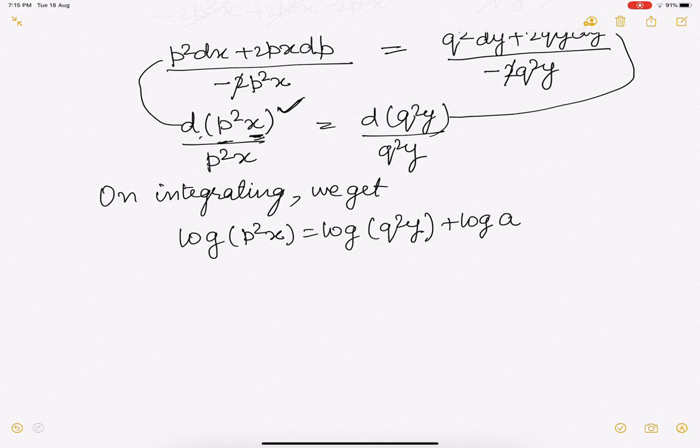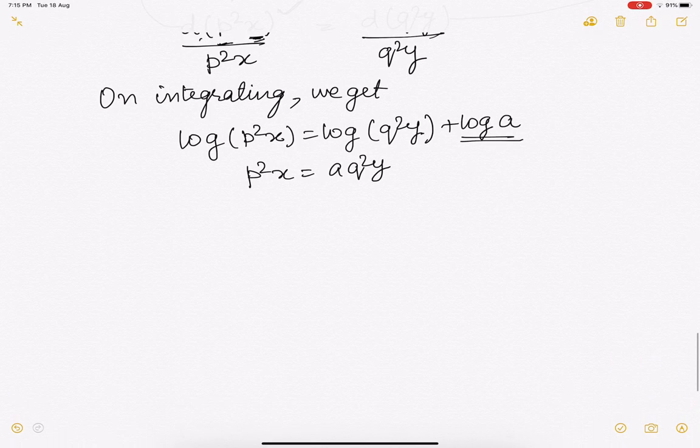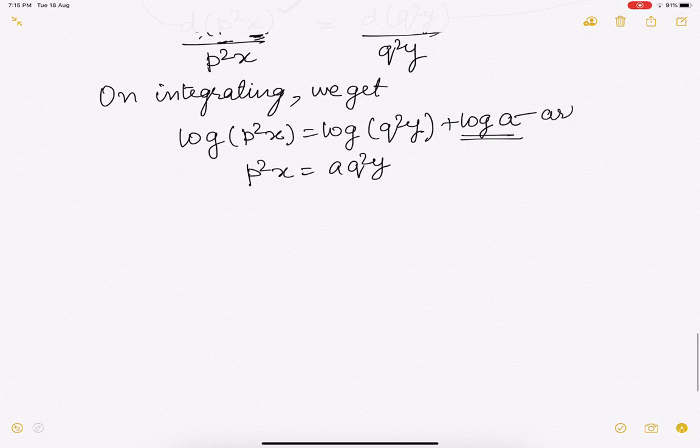What is this log of a? This is a constant. So we have p square x is equal to a q square y. And this a is an arbitrary constant.